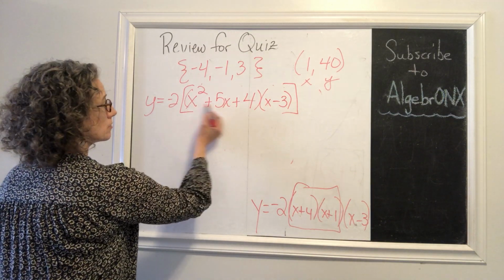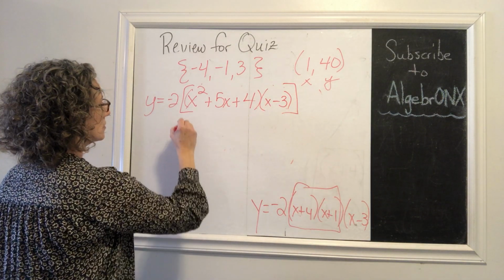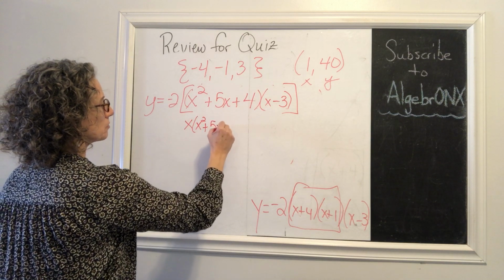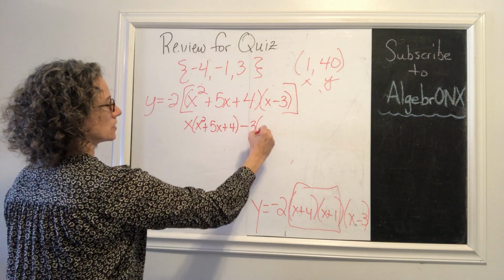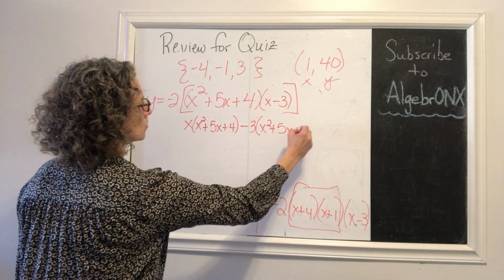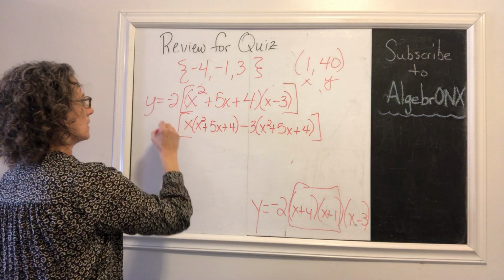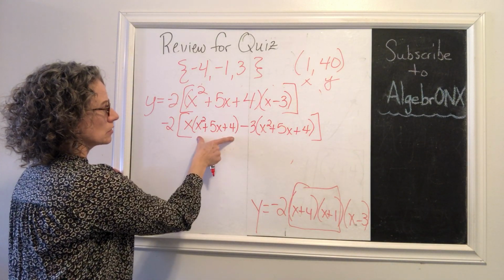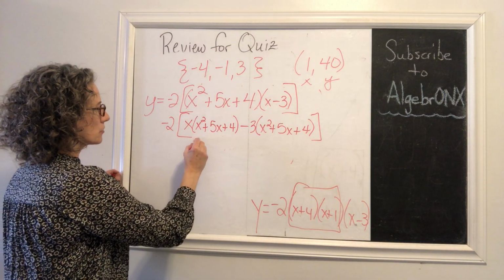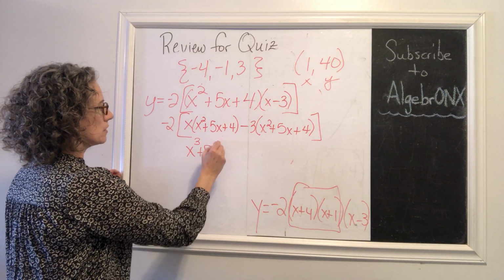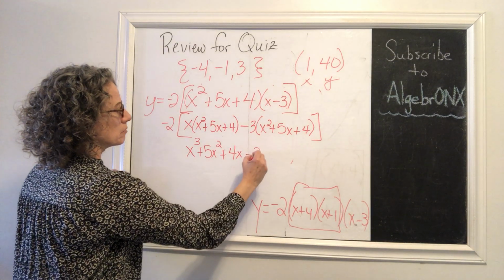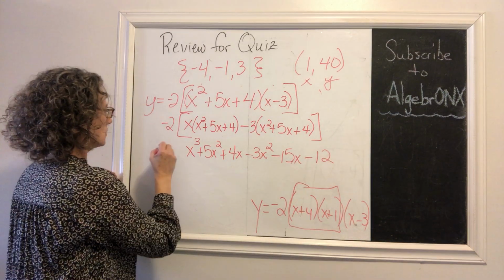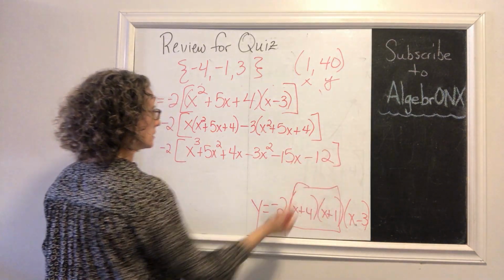So x times x squared plus 5x plus 4, minus 3 times x squared plus 5x plus 4. That becomes x cubed plus 5x squared plus 4x minus 3x squared minus 15x minus 12, times negative 2. But let's clean it up first if we can.